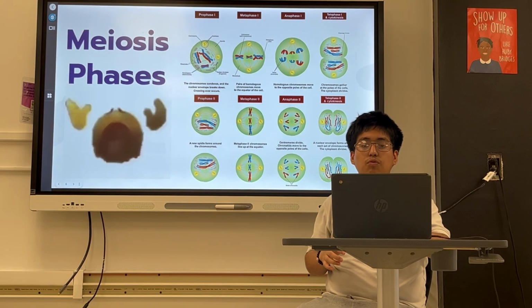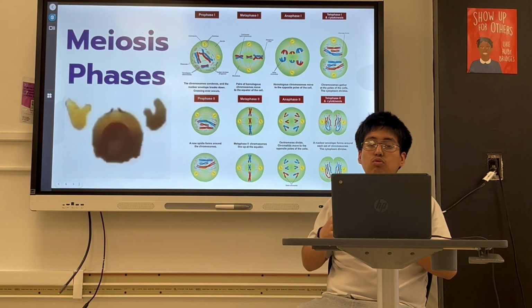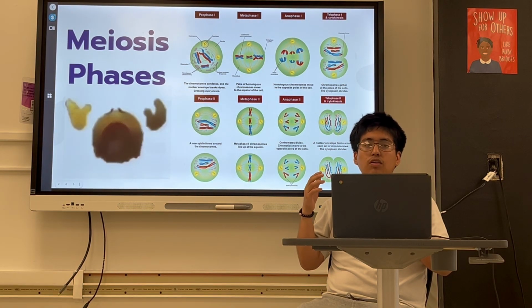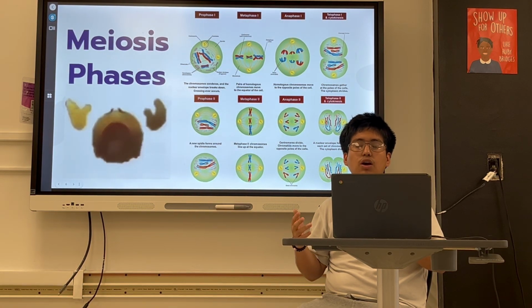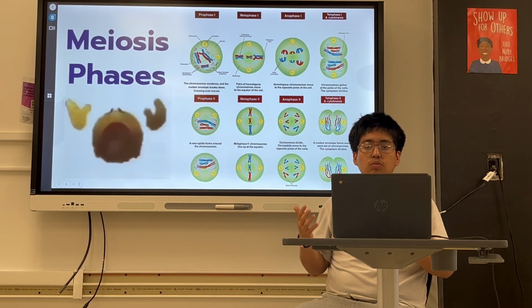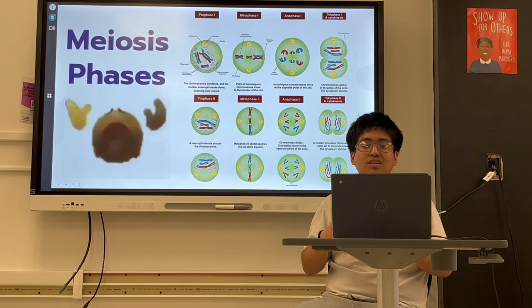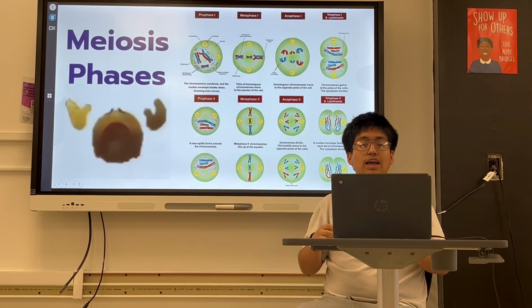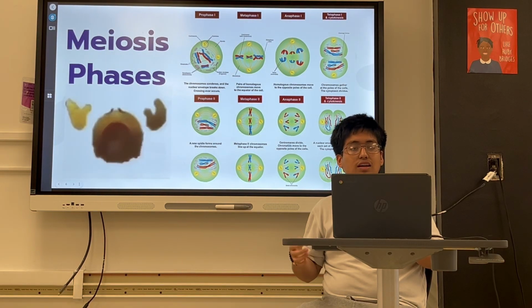Prophase 2 starts off in the two haploid cells that were already produced by meiosis 1. It doesn't matter which one I mention because both of them are still doing the exact same thing. So chromosomes still consisting of sister chromatids condense again if they had previously decondensed.